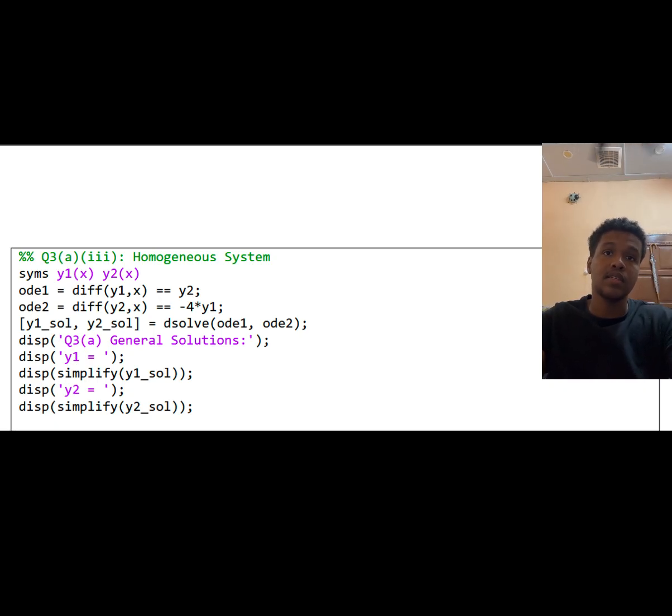This is a classic second order system. We solve both equations at once using the dsolve function, which returns the symbolic solutions y1 and y2. Finally, we use the simplify function to display our last solution.